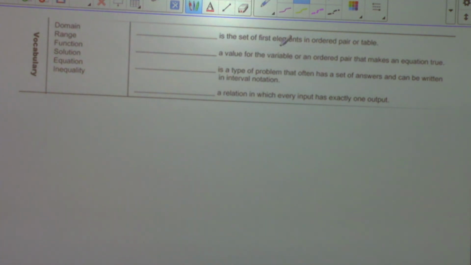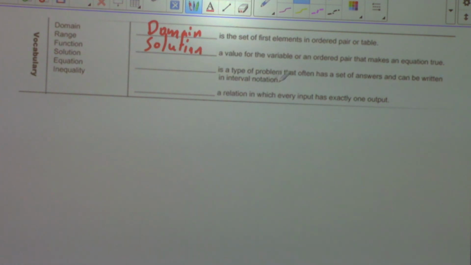Okay, so let's go ahead and fill in the blanks here. What do we have for the blanks here? What is the set of first elements in an ordered pair or table? Domain. Okay, what's a value for a variable that makes an equation true? Solution.